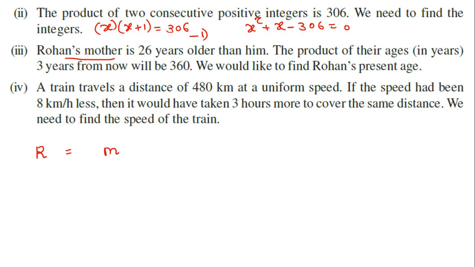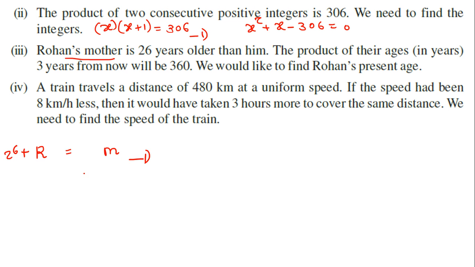Right now we are talking about Rohan's mother, so she is 26 years older means it goes on the mother's part, that is the RHS. R plus 26 is equal to M. This is the first equation.